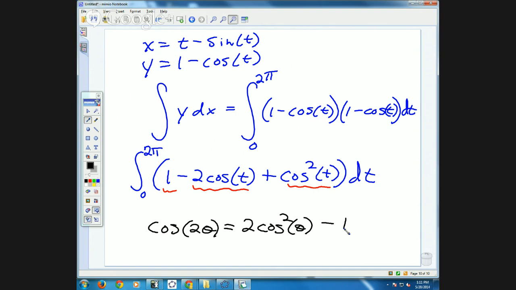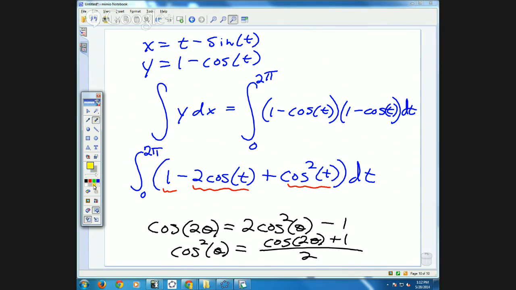So if I solve this for cosine squared of theta, then I get cosine squared of theta is equal to the cosine of 2 theta plus 1 all over 2. And I can definitely integrate that without a problem.